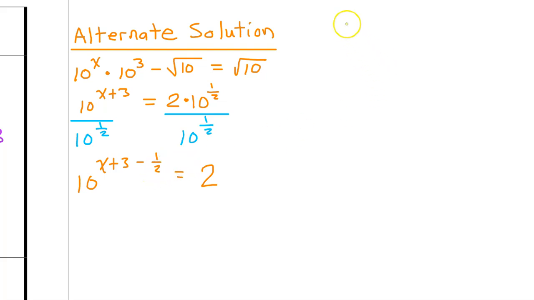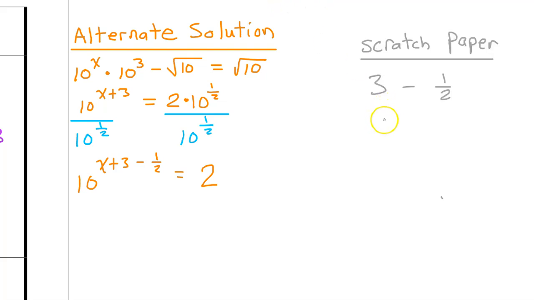I think I will do that scratch paper style. If you felt like doing decimals, you could say 3 minus 1/2 is the same as 3 minus 0.5, which would be 2.5. So you could just put 2.5 right here. Nothing wrong with that.